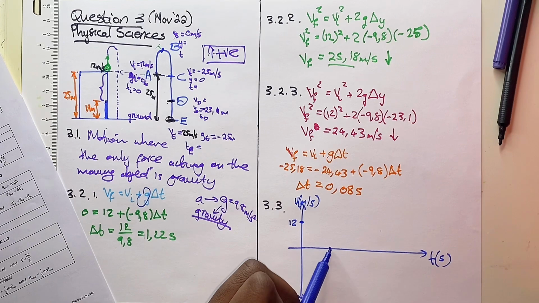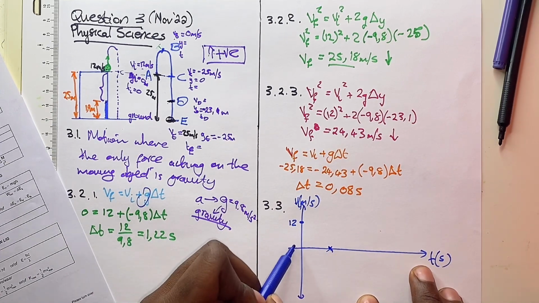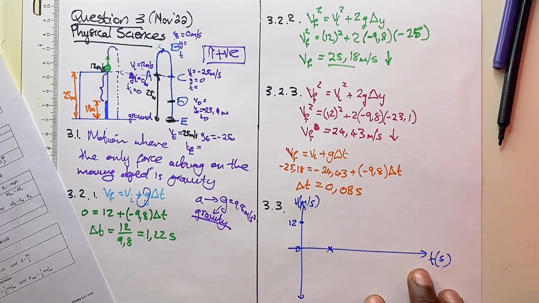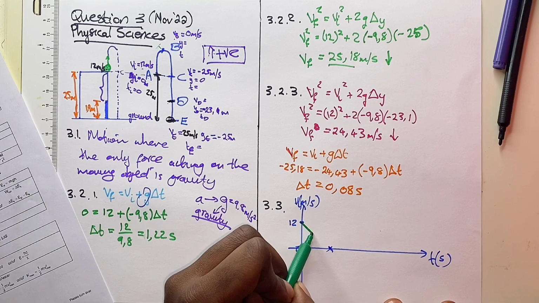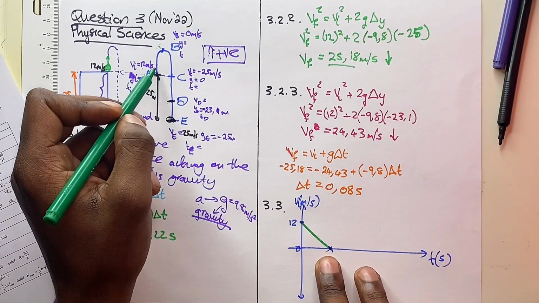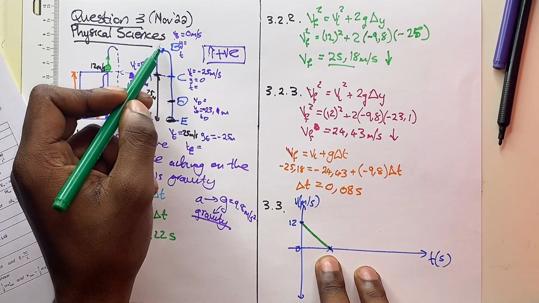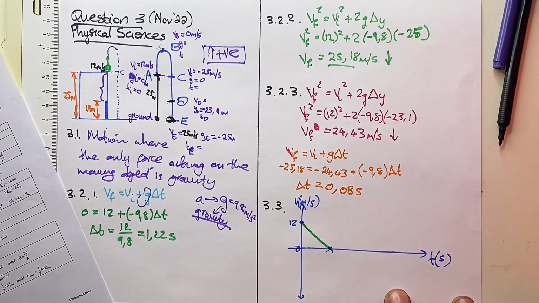So it will cut the x-axis, the axis of time, because our velocity there is 0. It goes from being 12, reducing at 9.8 meters per second squared until it reaches 0.